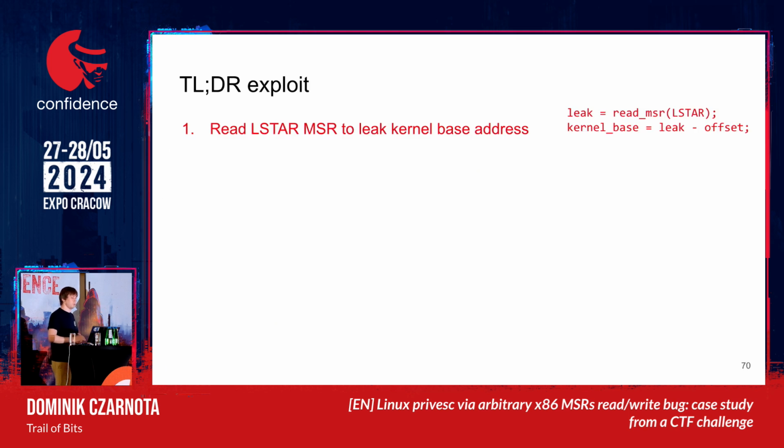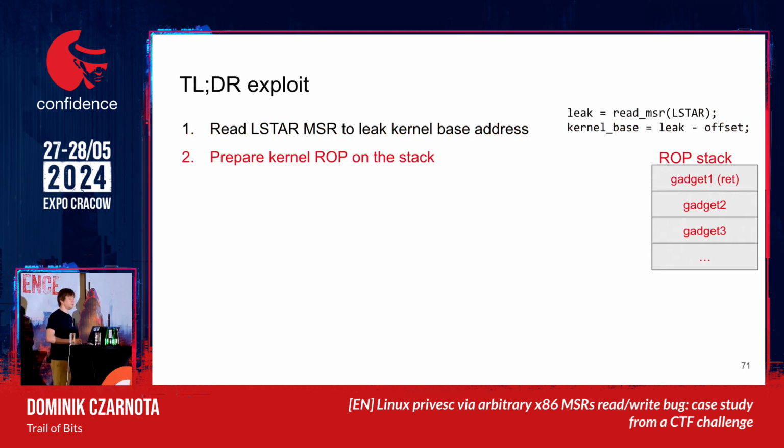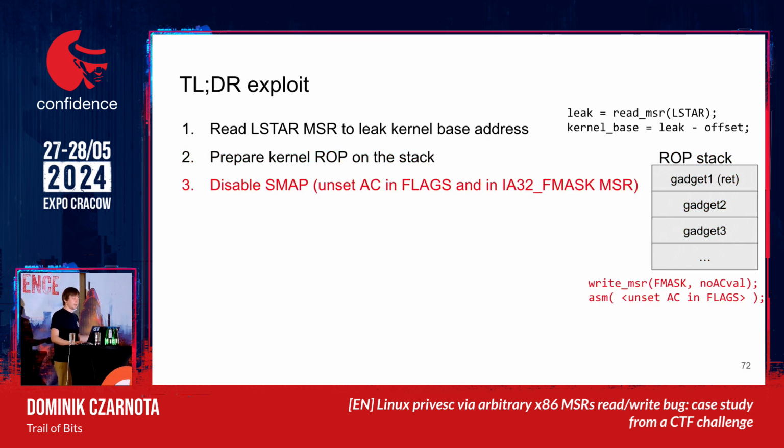So the whole idea of the exploit is that we will read the L star MSR to leak the kernel base address so that we can compute other kernel code addresses. Then we will prepare the return-oriented programming attack by leveraging some gadgets in the kernel code on some kind of fake stack that we will set in the stack pointer register.